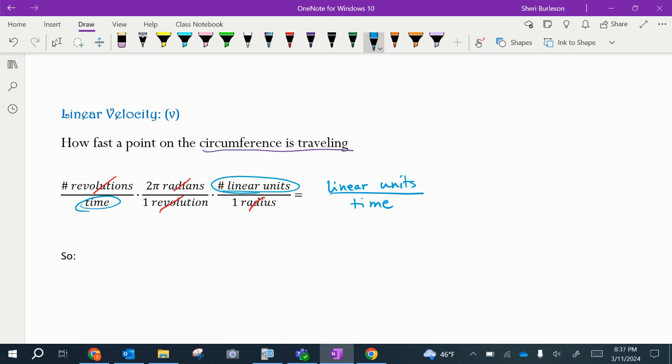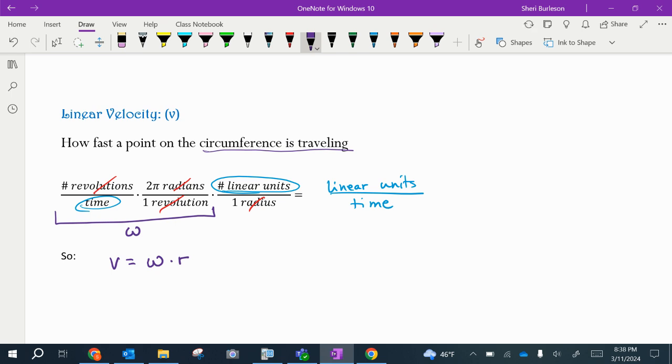And that is a linear velocity. Now, you're probably going, well, this we just calculated. Number of revolutions per unit of time times 2 pi radians divided by 1 revolution is just omega. So linear velocity is just angular velocity times the radius.